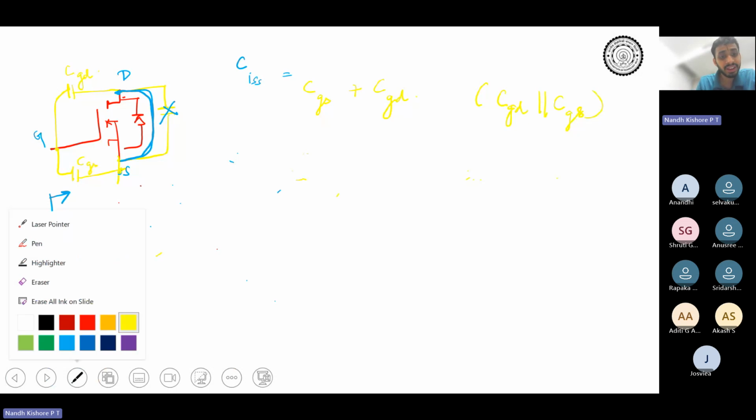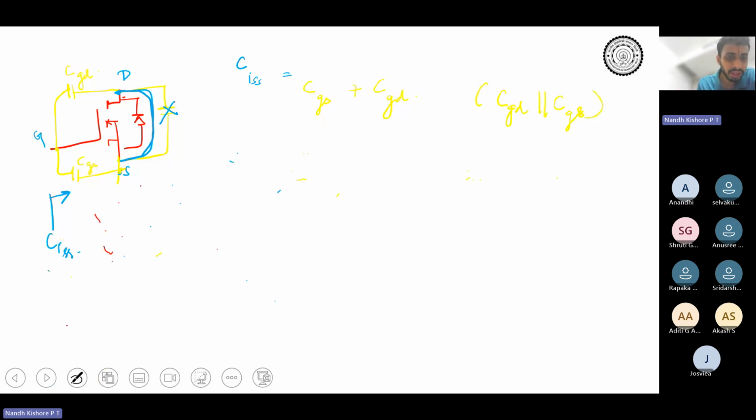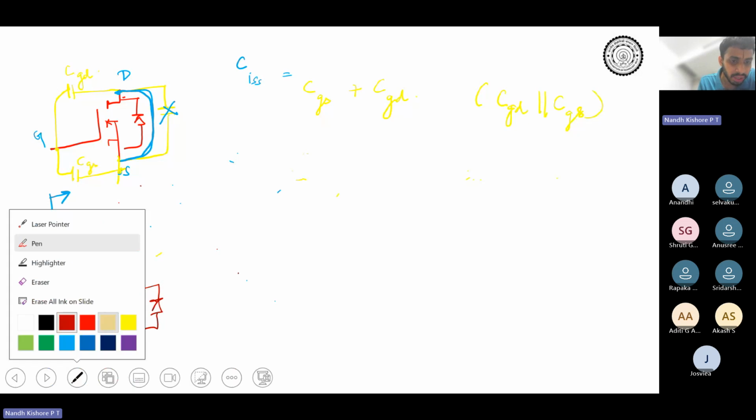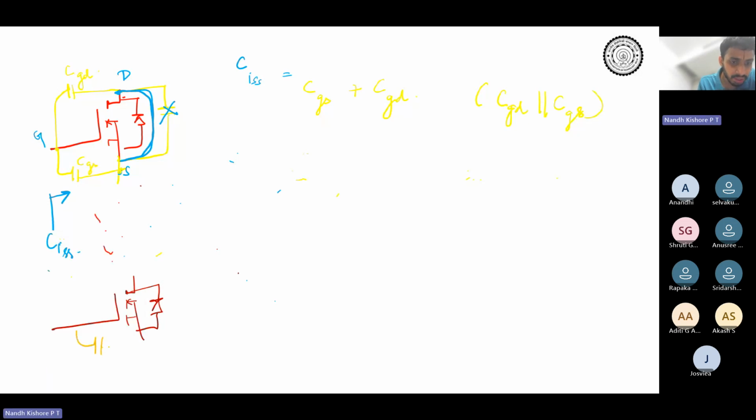Now let's do the other exercise. I want to find out the output side capacitance. We'll draw something like this, with this capacitance and this capacitance. Now I want to find out the output side capacitance, COSS.